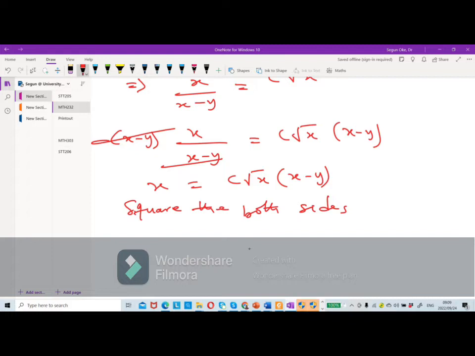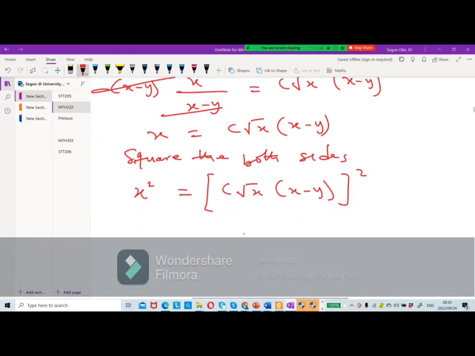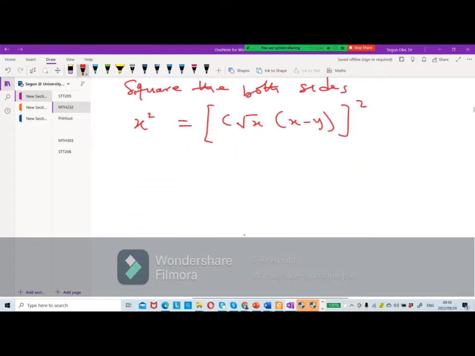So I have x squared equals c of x minus y all squared. So for me, I will need x squared equals c squared, and I have square root here of x all squared, and I have x minus y all squared.